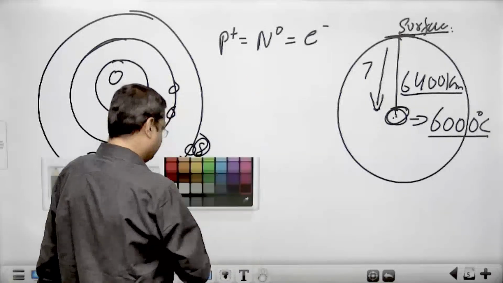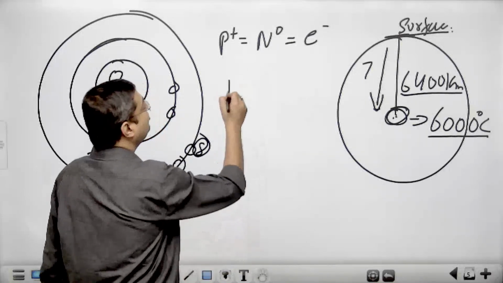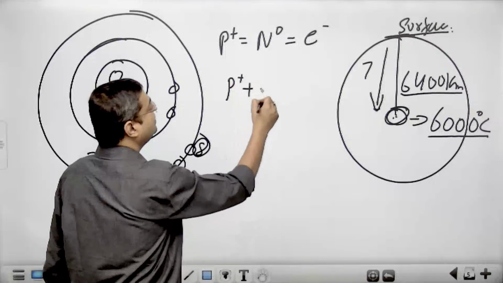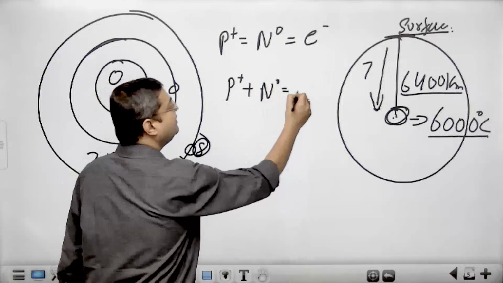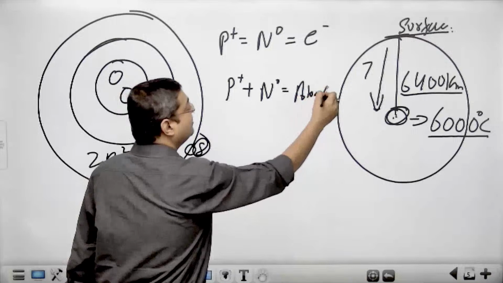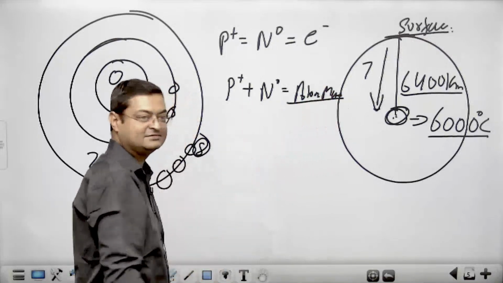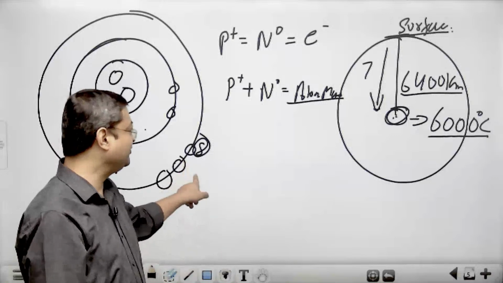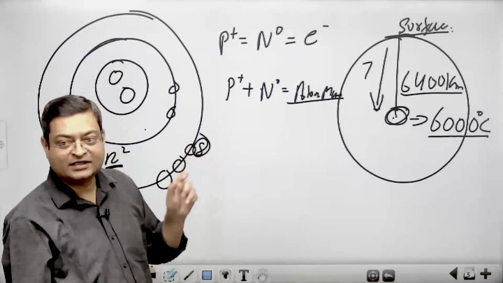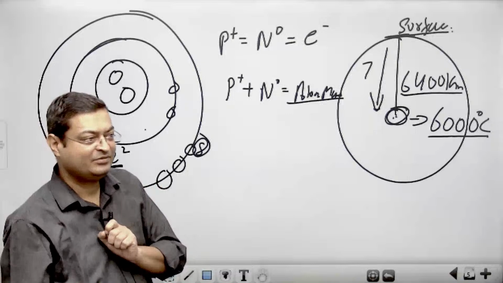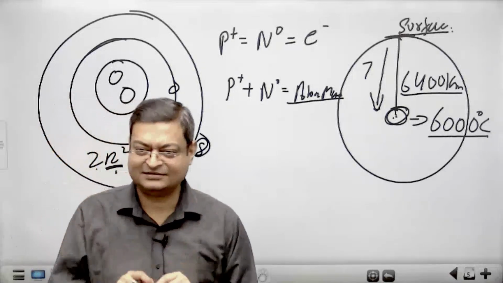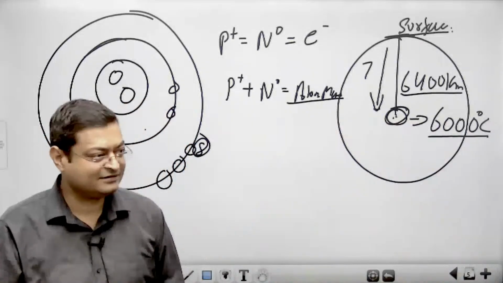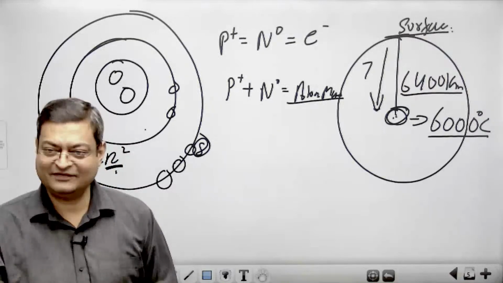Now remember, proton plus neutron makes the atomic mass. And the number of electrons in the outer shell is your electronic number. Standard 10th पर था periodic table. सोडियम का क्या है? 2, 8, 1.